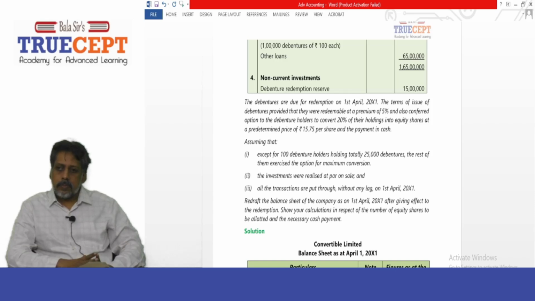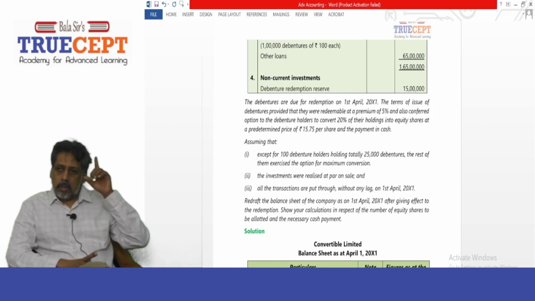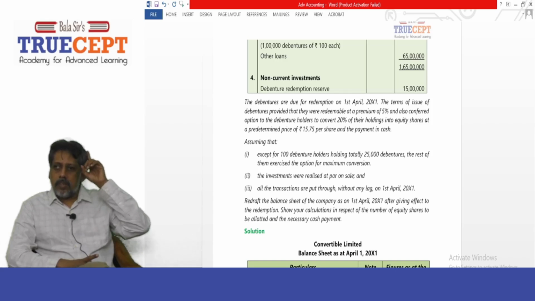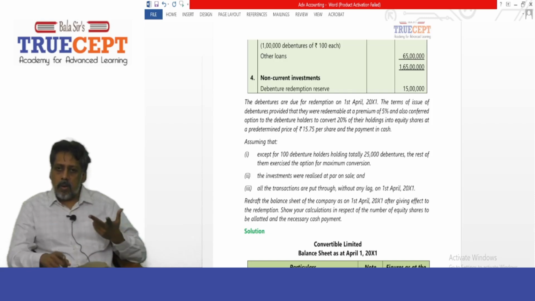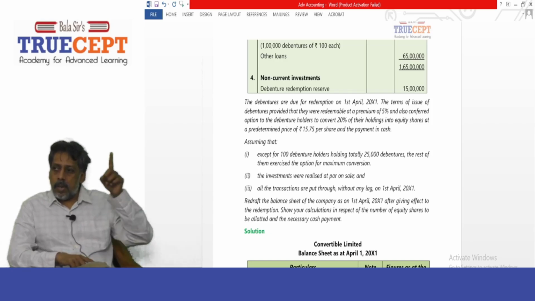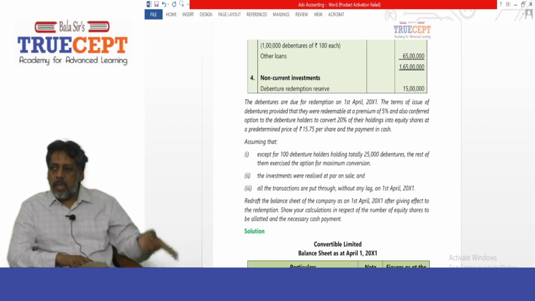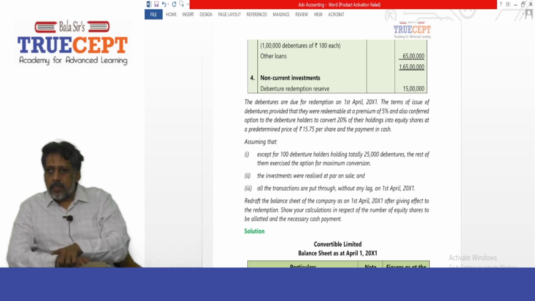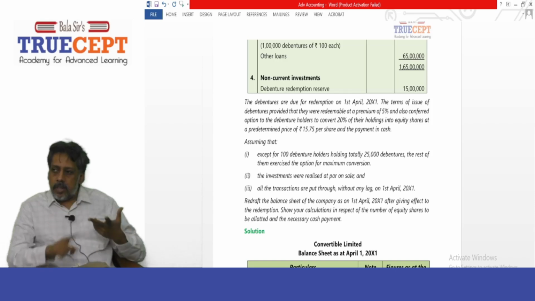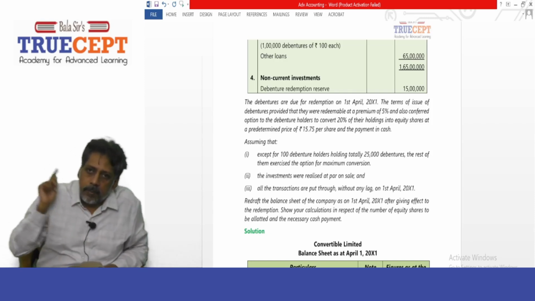Next, it also conferred an option on the debenture holders to convert 20% of their holding into equity shares at a predetermined price of 15.75 per share, and the balance is paid in cash. Just check this: the debenture holders are given an option to convert 20% of their debentures held into equity shares, and for that purpose the equity shares are priced at rupees 15.75 per share.